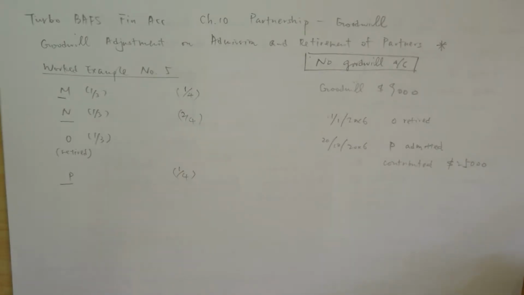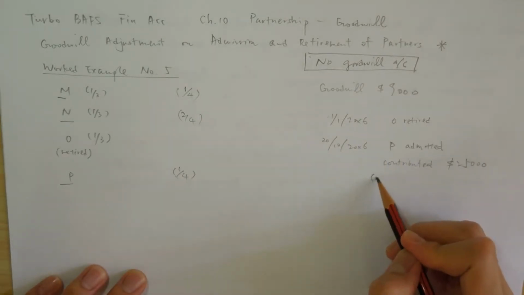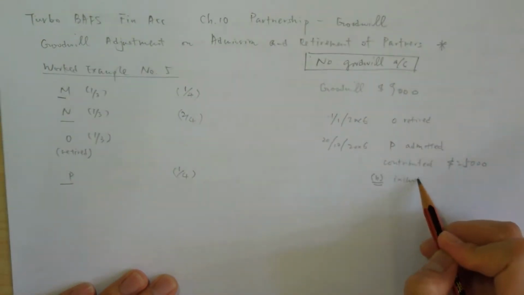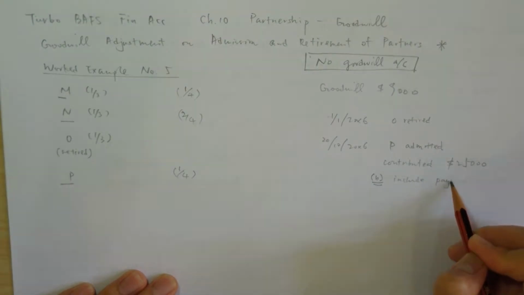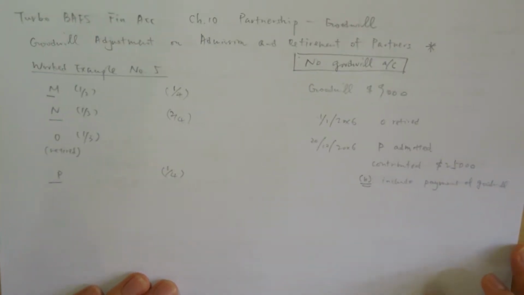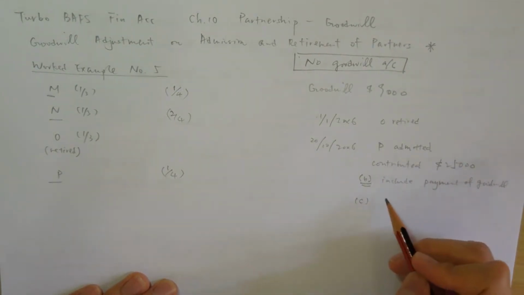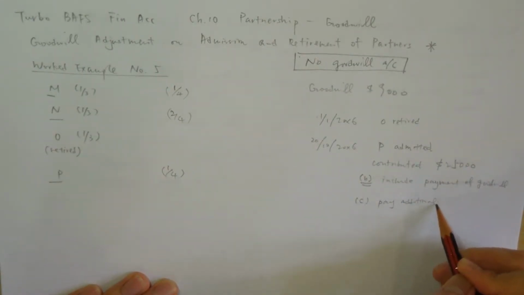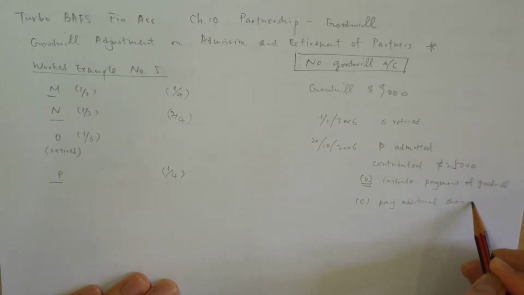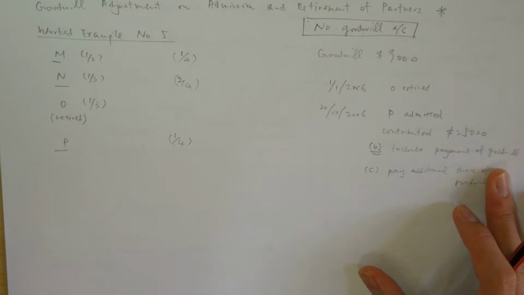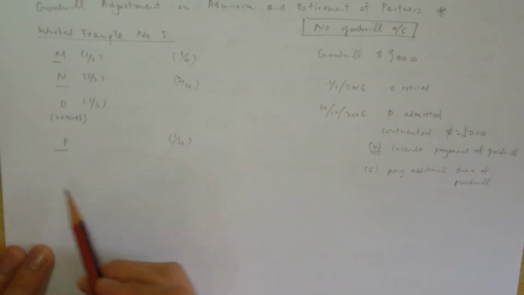This 25,000 in part B includes payment of goodwill. But for part C, you need to pay an additional share of goodwill. So these are the 2 different approaches, and we show you in the capital account.